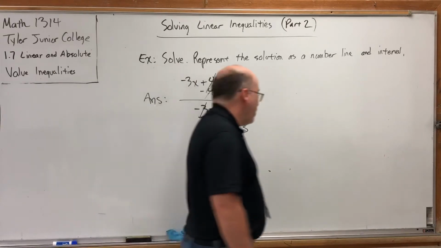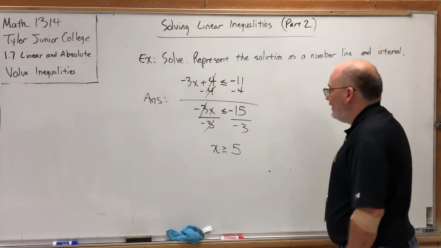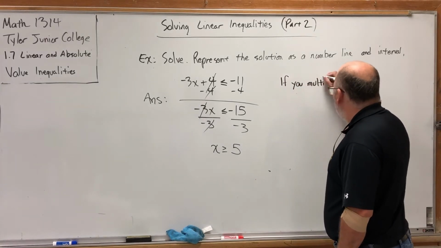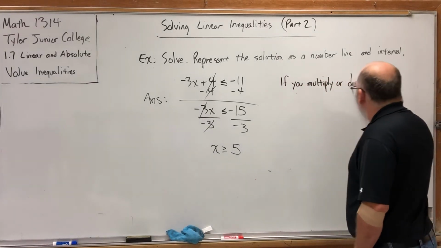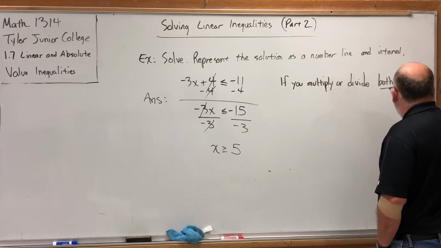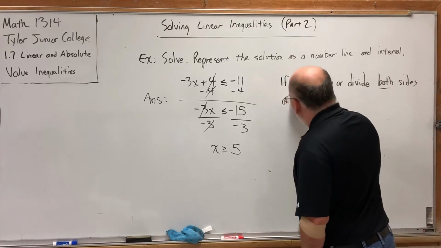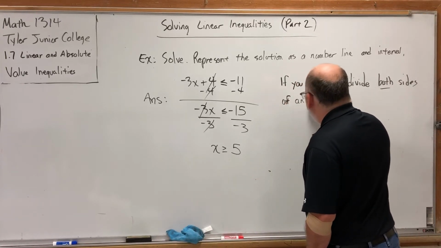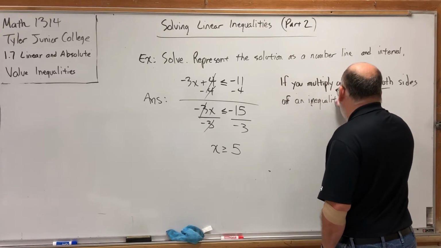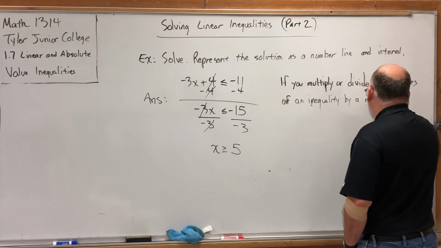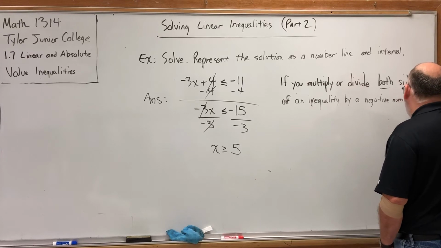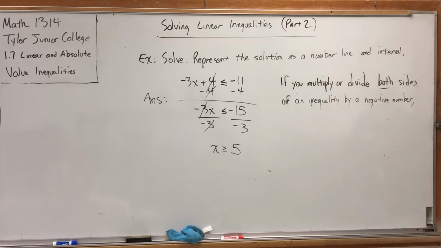So here's what you need to know about solving inequalities. If you multiply or divide both sides, emphasis on both sides of an inequality by a negative number, I'm going to put a comma there, pause to catch my breath and make sure this says what I want it to say.